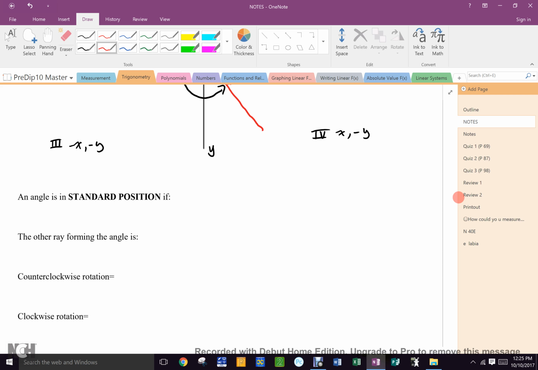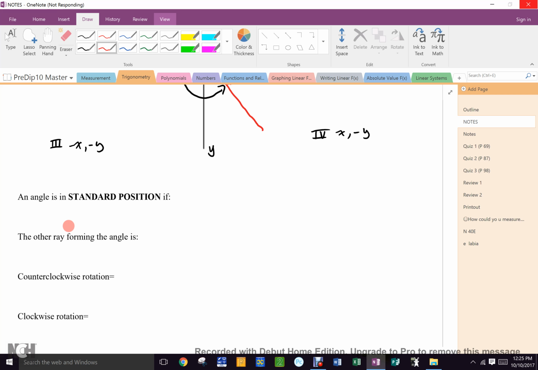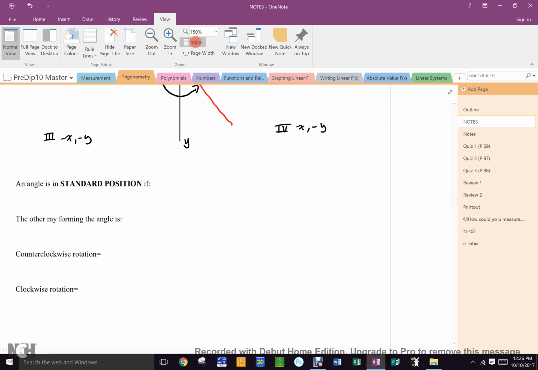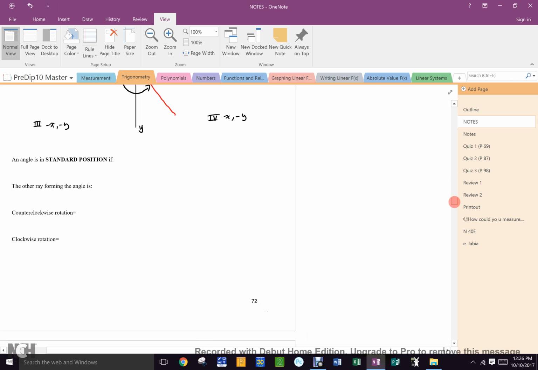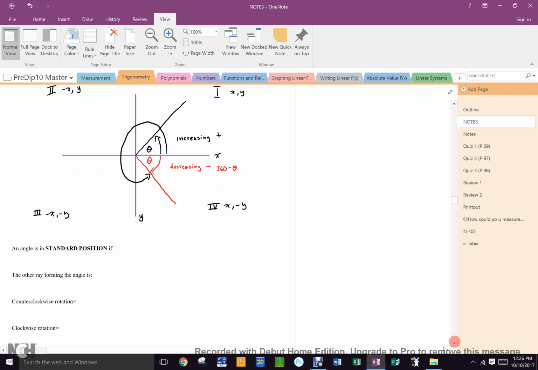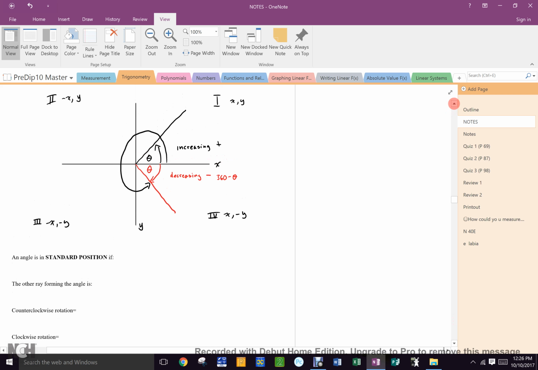Now we got some work to do with that. I'm going to shrink this down so I can have the definitions on the page along with the diagram. So it's going to be a little bit smaller for you guys, but you'll figure it out. Okay, so an angle is in Standard position.